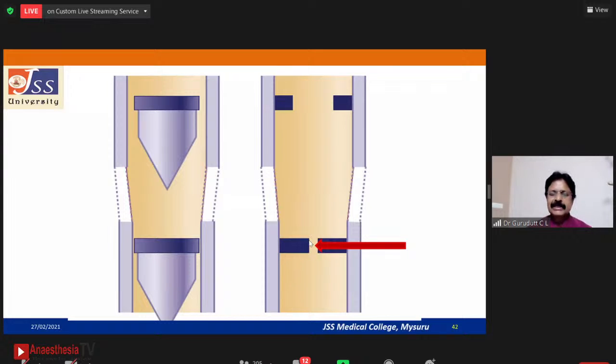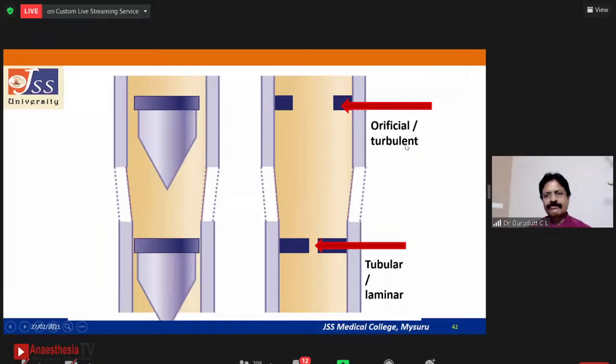Because the length is higher than the breadth, the flow is tubular or laminar. Whereas as we go up, because of the widening of the tube, the annular or equivalent space is much larger. The width is much higher than the length. Because the width is much larger than the length, you call this an orifice, and the flow will be orificial flow, otherwise called turbulent flow.